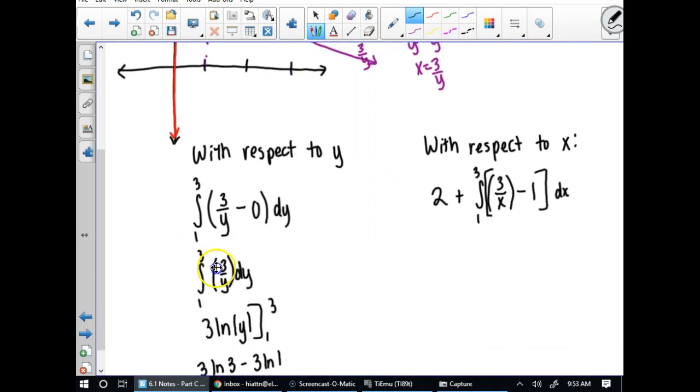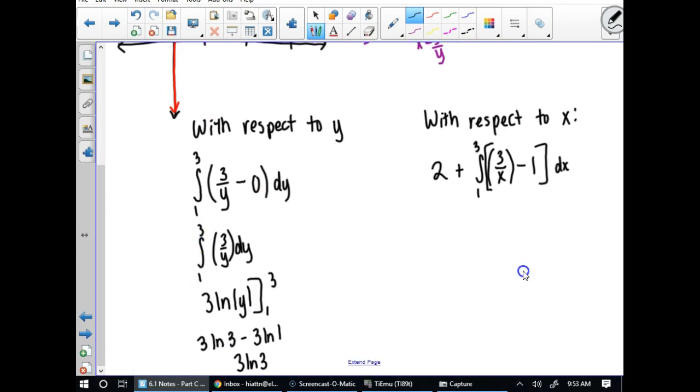So you can see this was a little bit easier to integrate, but this one's not too bad. You've got 2 plus, when we integrate this, we're going to get 3 natural log of the absolute value of x, minus x, and we're going to evaluate that from 1 to 3.